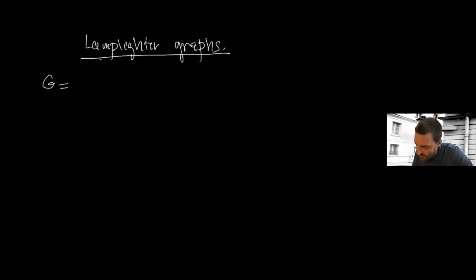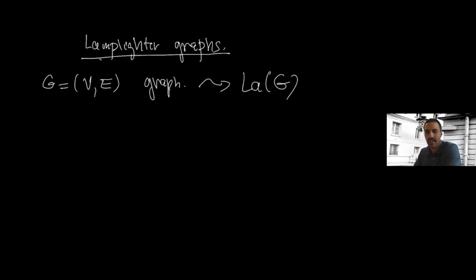So assume that you have a graph (V, E). What I want to define is a new graph that I will call the Lamplighter over G with the following operation.